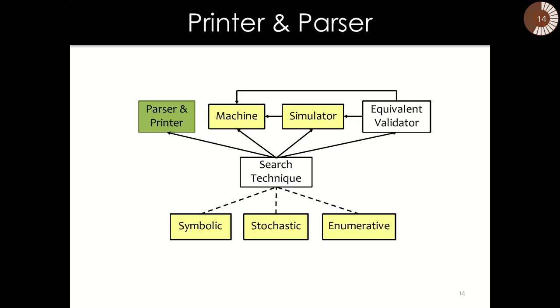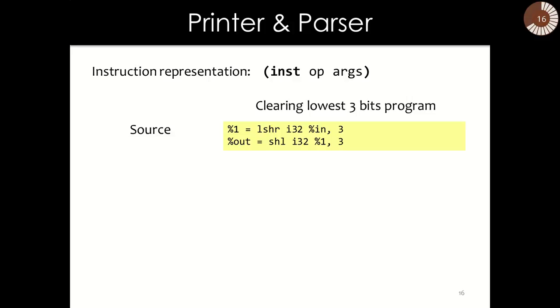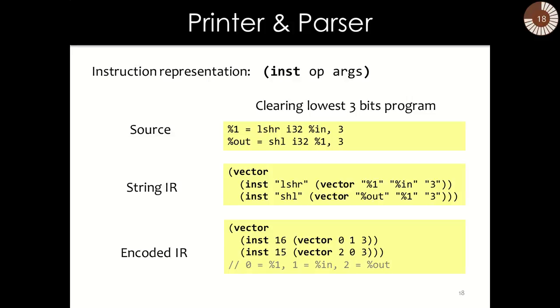We move to the next one, which is the parser and printer. GreenThumb provides a default instruction representation, which is a struct inst with 2 fields, op and args. We're going to use this instruction representation to represent programs. GreenThumb deals with 3 levels of program representation: source, string IR, and encoded IR.